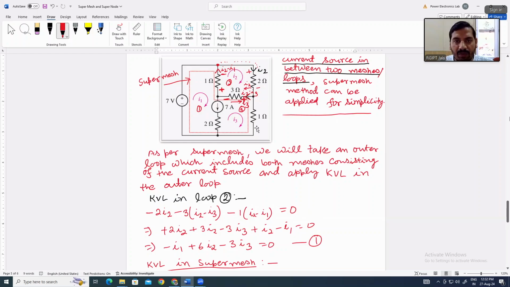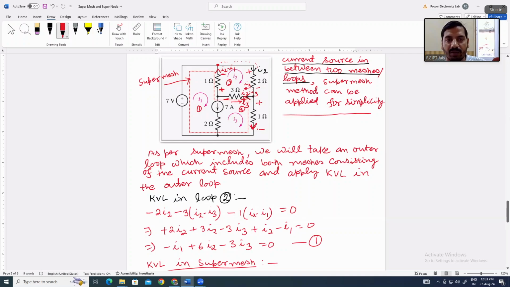In this 1 ohm, where the current flowing is I3, you can see the current is flowing downward. So what should be the polarity? Where it will be plus, where it will be minus? Upper plus, lower minus, because current will flow from higher potential to lower potential.